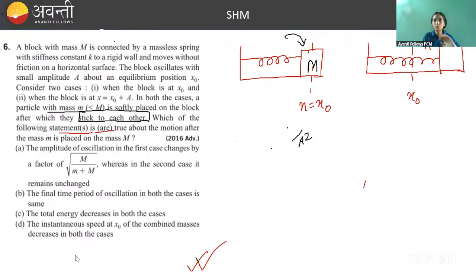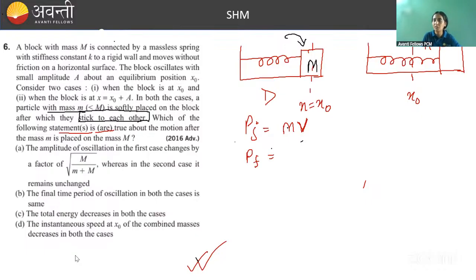So at this position, it already has a certain velocity, which means it has momentum. I'm discussing first the first case, before dropping the mass at equilibrium position. The initial momentum of this system is M into V, where V is the speed of this mass, which will be equal to omega into A. Now, what will be the final momentum?